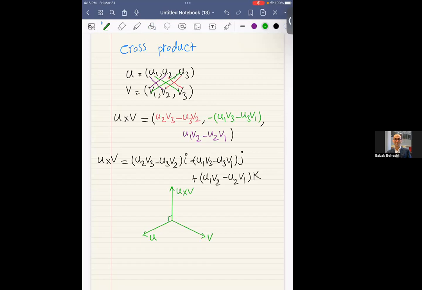So you see it's perpendicular to both u and v. So it has this unique property that the cross product of two vectors is perpendicular to both of them. And we are going to use this property when we are dealing with planes. We will see that.